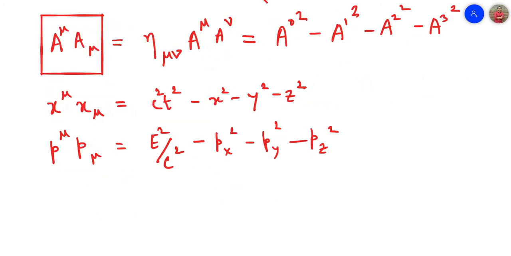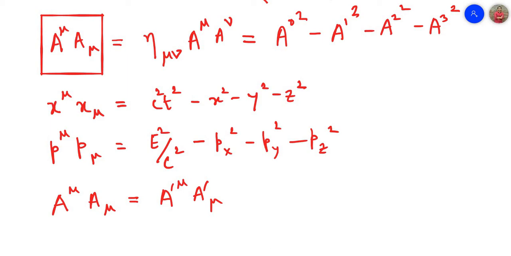Now let us dig a little bit deeper. As we expect, a mu a mu under a Lorentz transformation should give us a prime mu contracted with a prime mu.